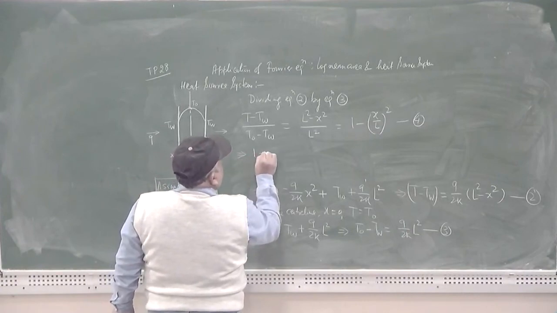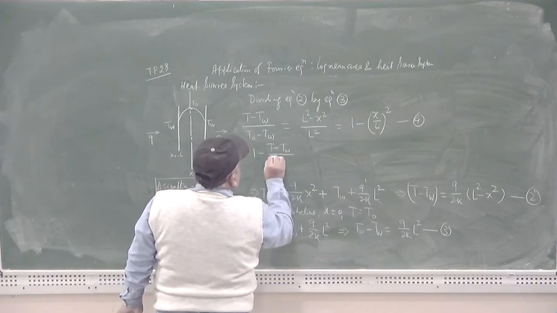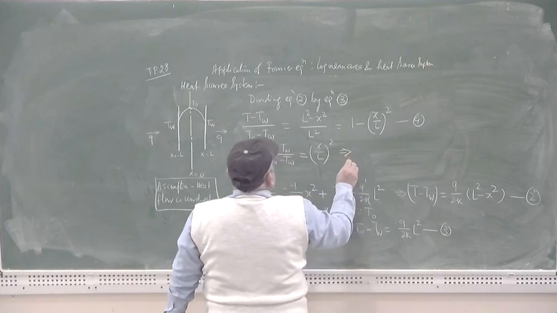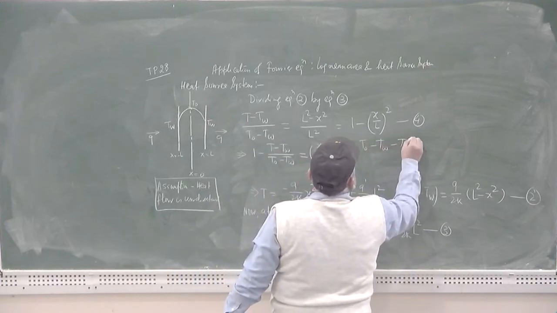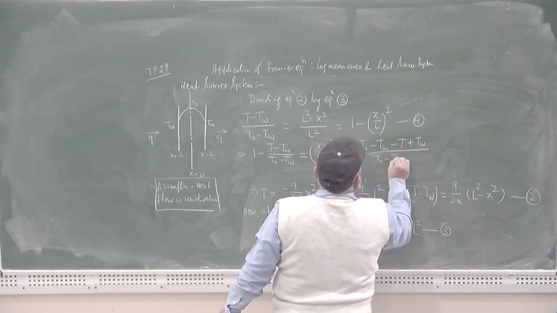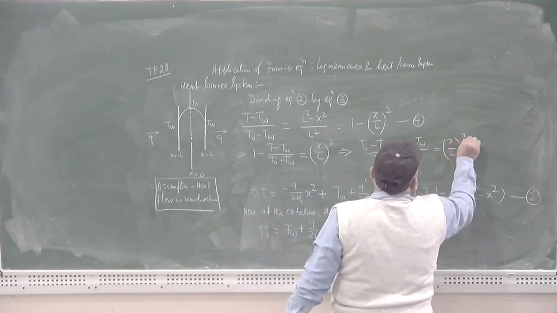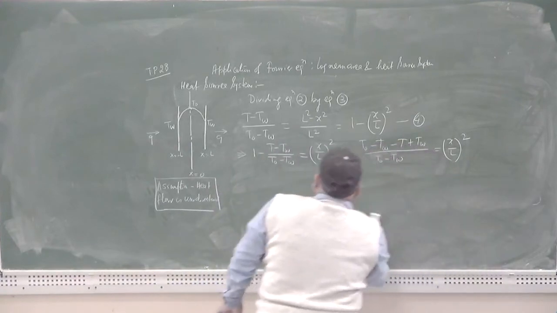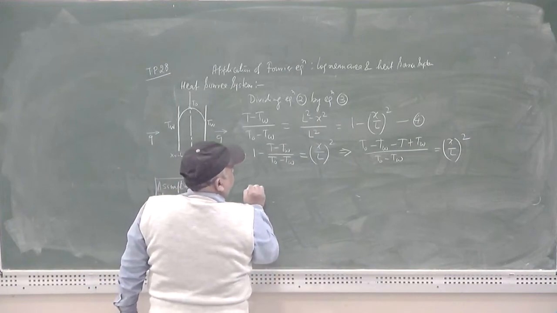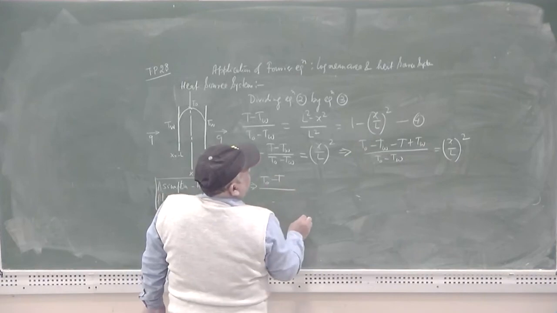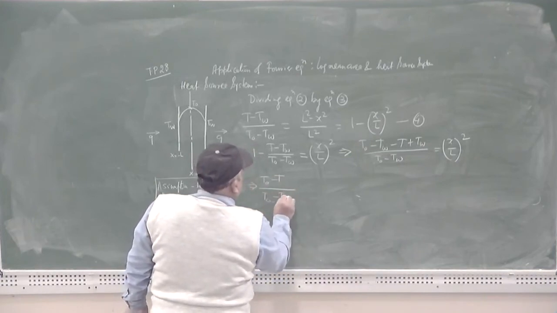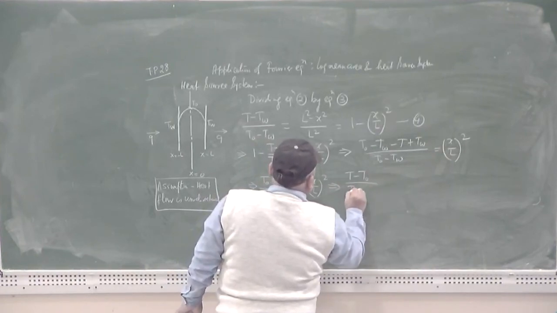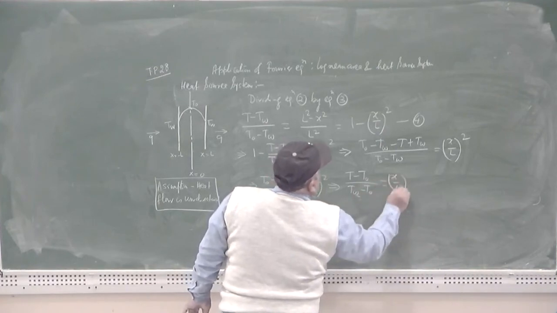So, 1 minus T minus TW divided by T naught minus TW should be equal to x by L whole square, or T naught minus TW minus T plus TW divided by T naught minus TW, equal to x by L whole square, or T naught minus T divided by T naught minus TW, equal to x by L whole square, or T minus T naught divided by TW minus T naught, equal to x by L whole square.